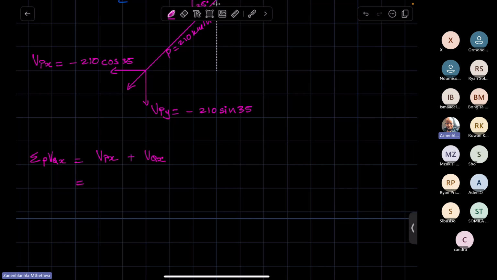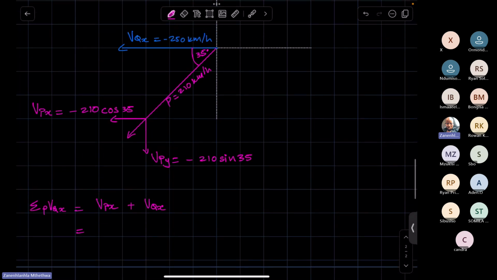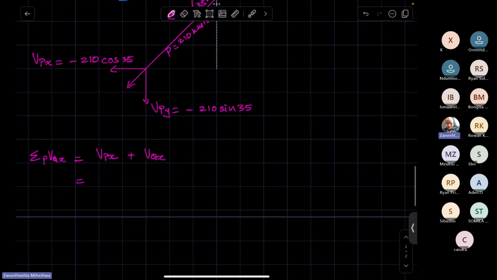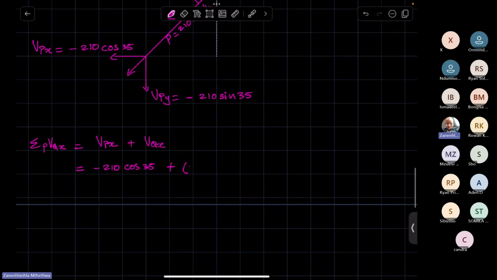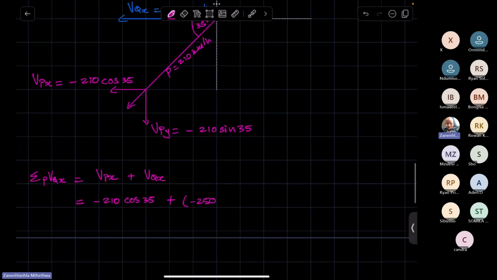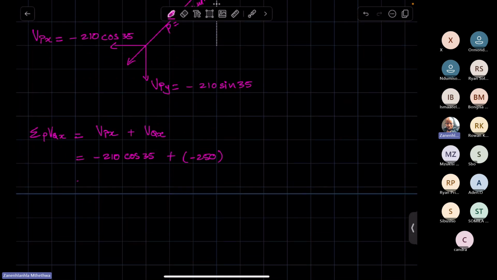Now all we do is add our vectors. vpx is negative 210 cos 35 plus vqx, which is negative 250, just negative 250, yes. Now tell me what you get here. What is negative 210 cos 35 minus 250?